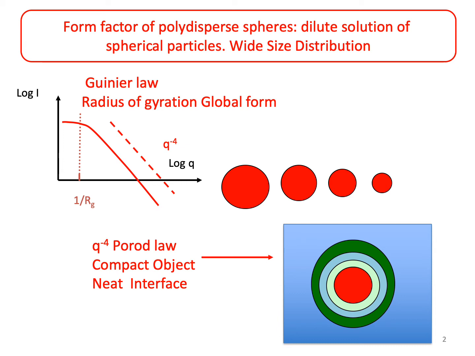You can see that it's composed of two parts, as is well known: the Guinier law at low angle, this plateau regime, where you can obtain the radius of gyration, which corresponds to the global form, and a large Q region with a decay as Q to the power -4, which corresponds to the so-called Porod law, scattering diffracted by a compact object with a neat interface.